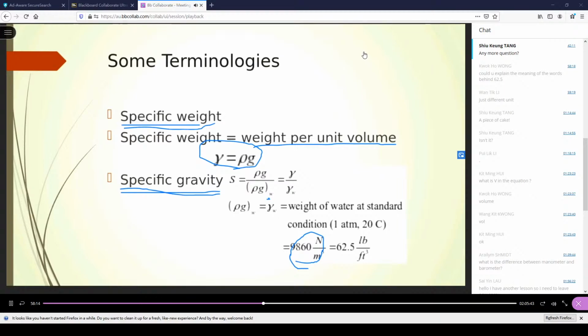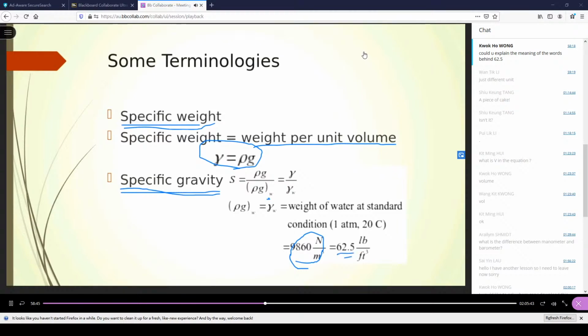The acceleration due to gravity at high level is lower. So you can just assume specific gravity equal to relative density. If you are talking about a specific gravity of 10, it means that the fluid has a density 10 times that of water.